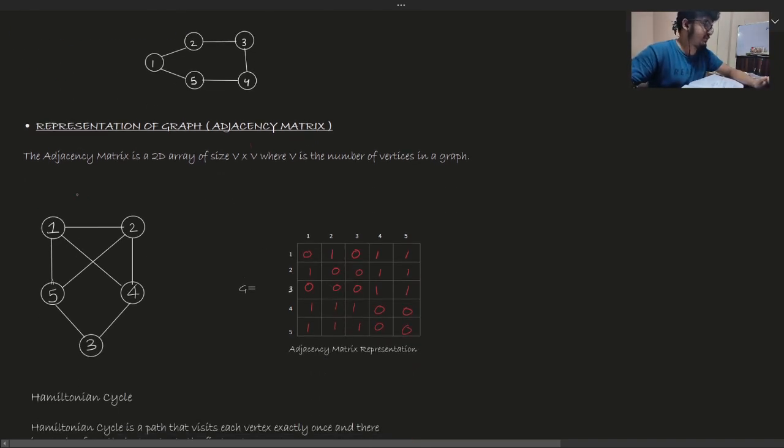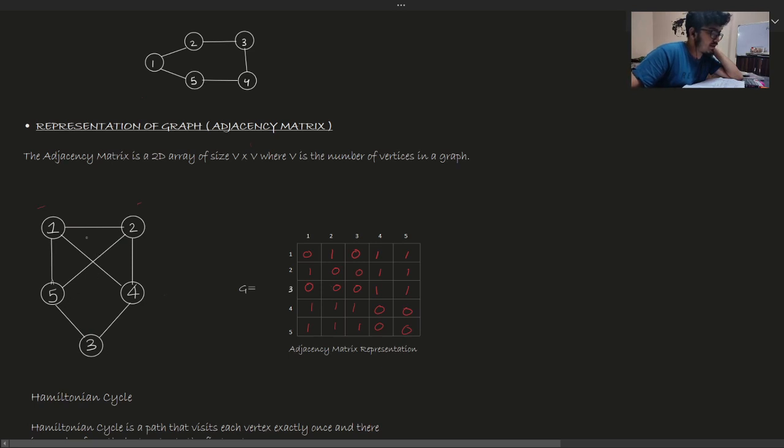We have an example to understand this topic. This graph has 5 vertices: 1, 2, 3, 4, 5.